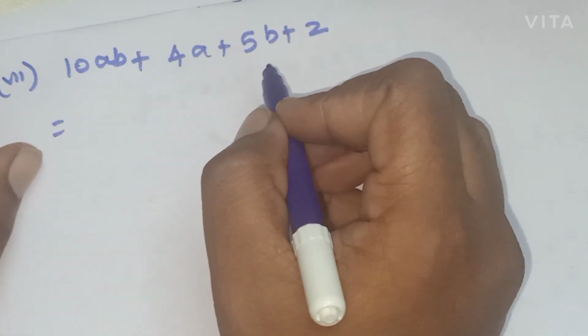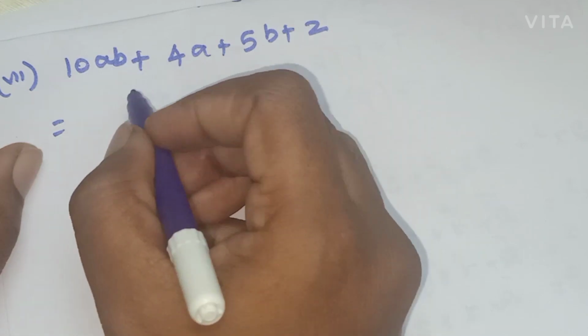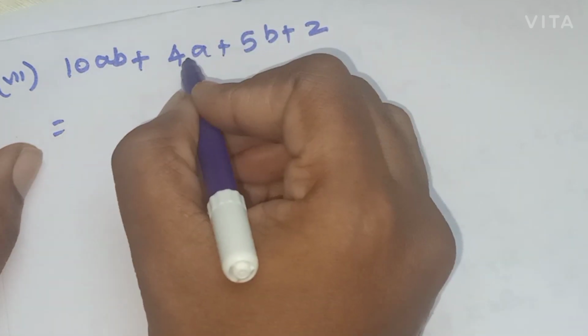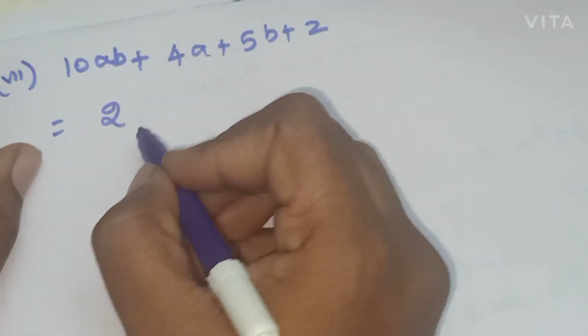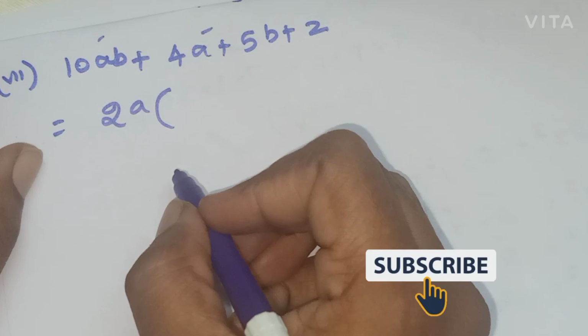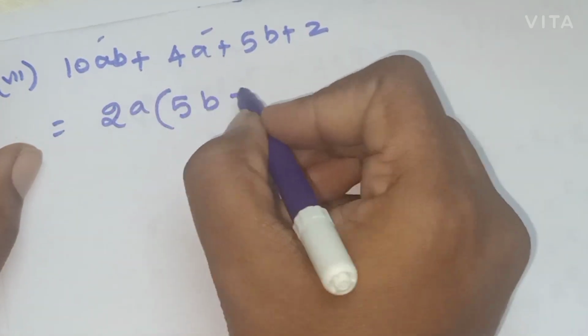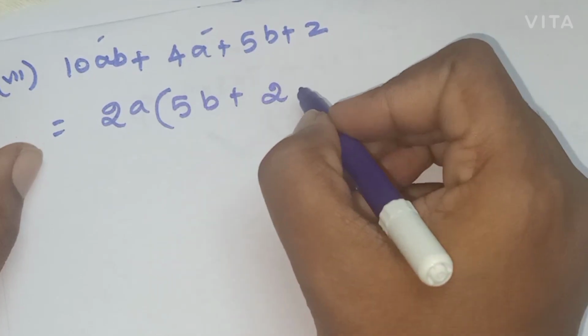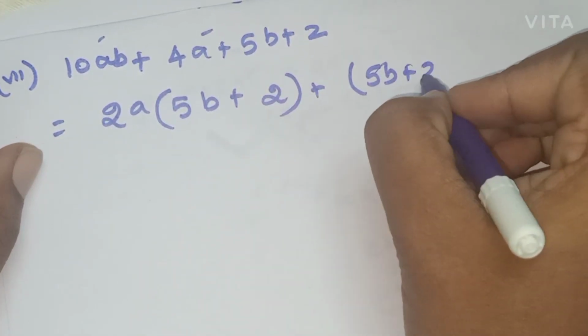10ab plus 4a plus 5b plus 2. So consider these two terms, 10ab plus 4a. Here 10 and 4, the common multiple is 2, so I can take 2 commonly out, and a is commonly present, so I can take a commonly out. Remaining 2 5s are 10 into b plus 2 2s are 4, a is taken out, remaining we have 5b plus 2.